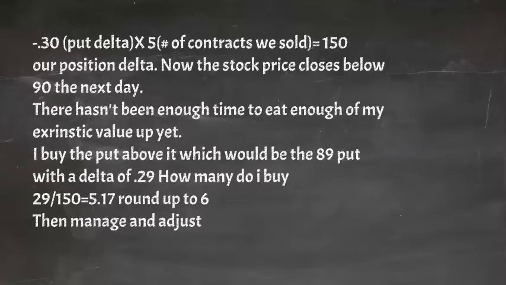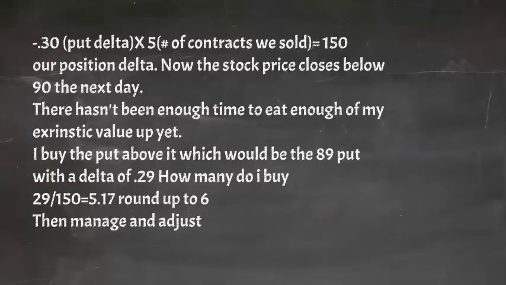And then I manage and adjust this, right? I have the option to freak out and just close my position. I have the option to roll my positions. I have the option to delta neutral hedge this position. And in the future, once we learn all the Greeks, I'll teach you other ways to fix a bad position, but don't just give your money away because you got shaken out.